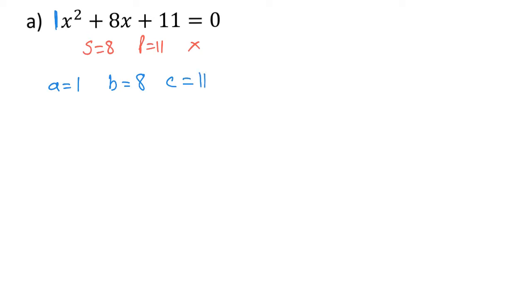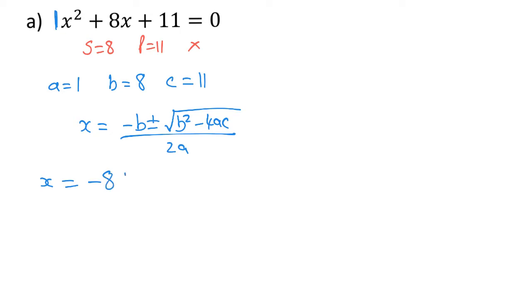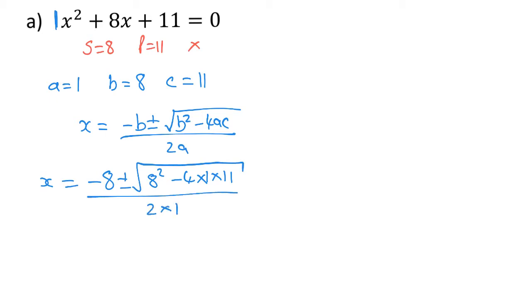The quadratic formula is x equals −b plus or minus the square root of b² − 4ac, all over 2a. So substituting the values in, b is 8, so −b is going to be −8, plus or minus the square root of 8² − 4 times 1 times 11, divided by 2 times 1.